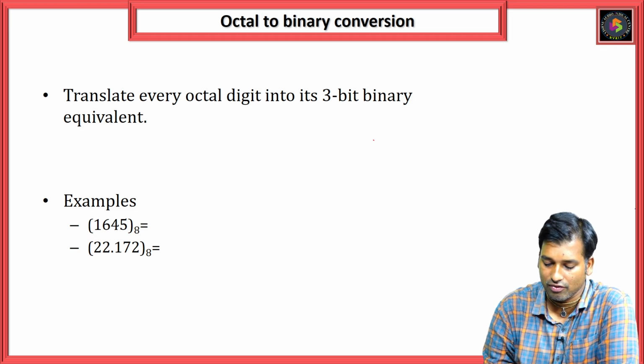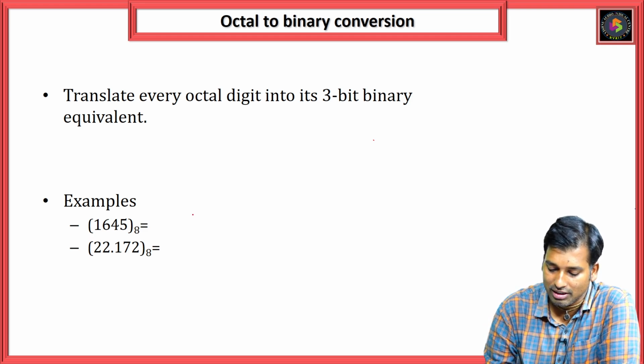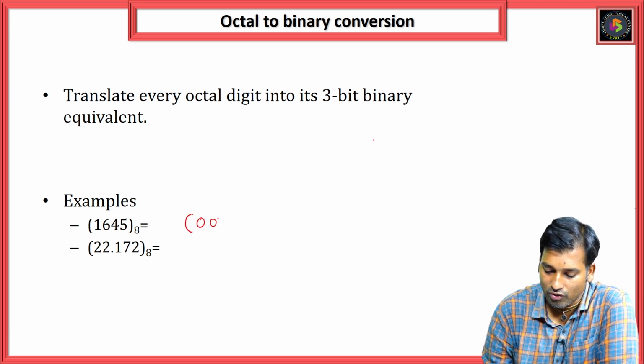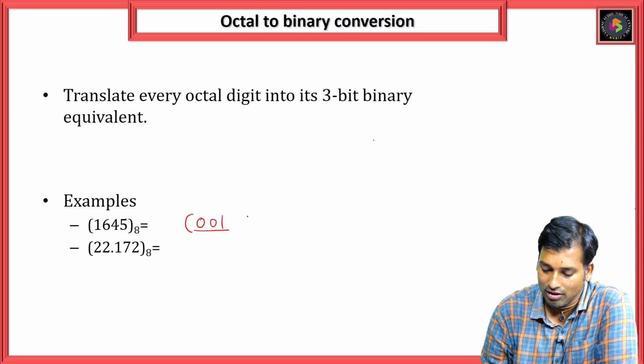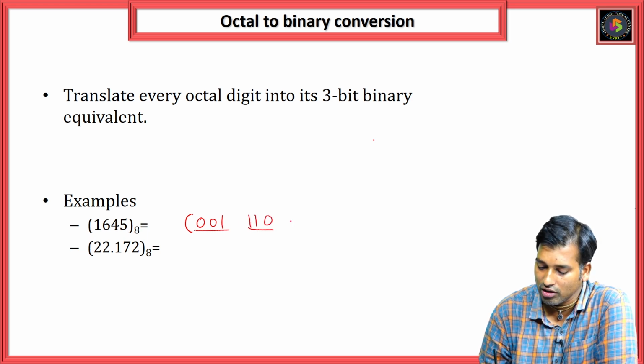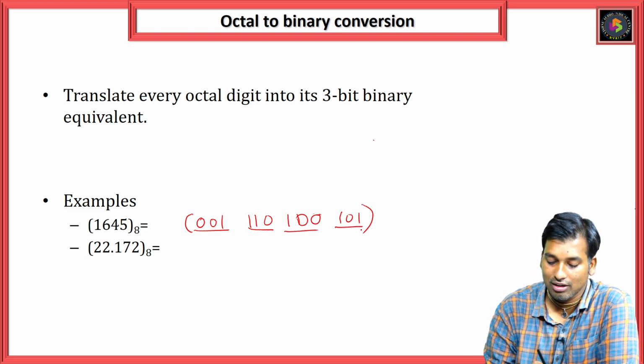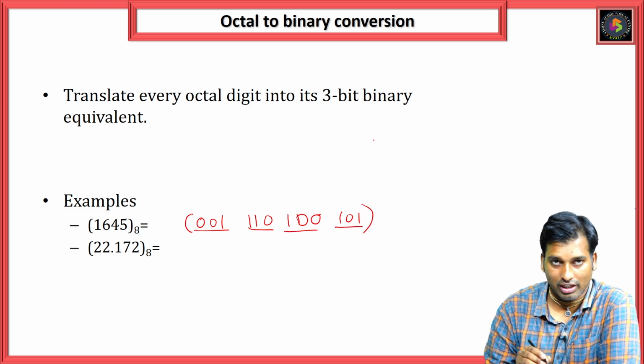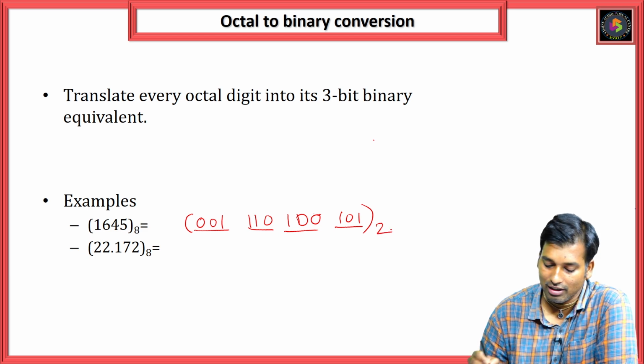For example, 1645 is nothing but 1 is represented as 001, 6 is represented as 110, 4 is 100, 5 is represented as 101. This is how you can convert octal to binary data.